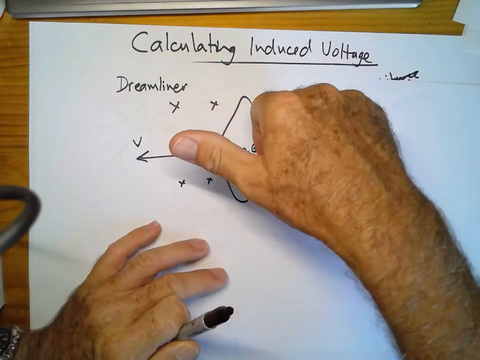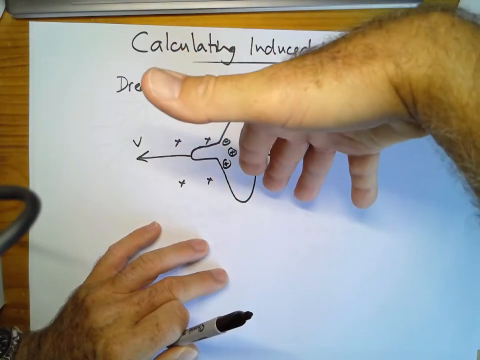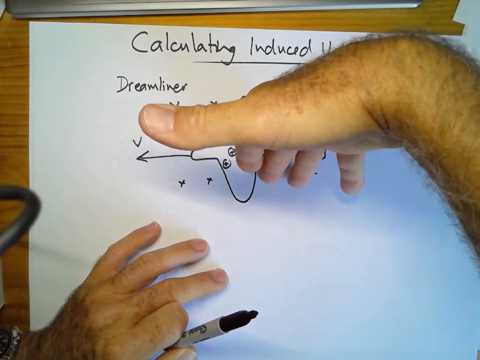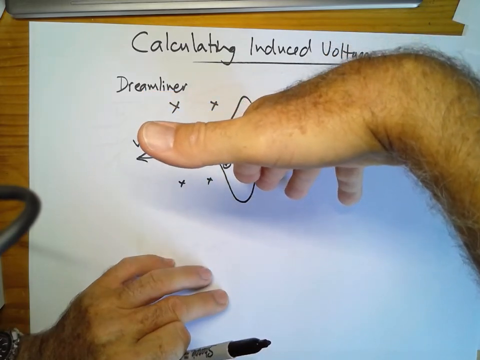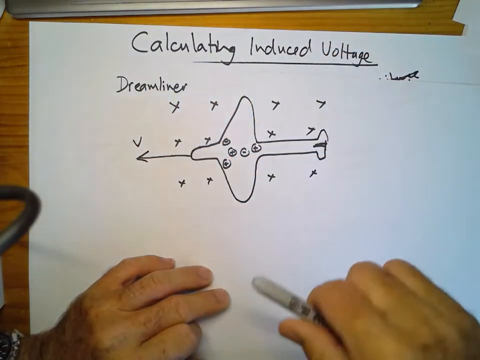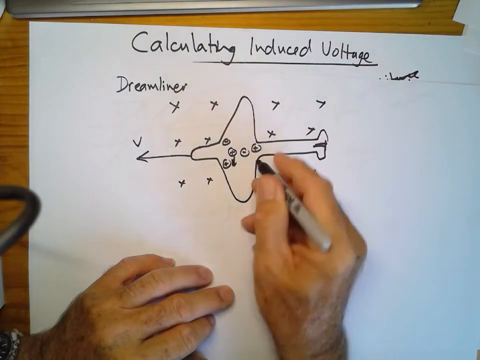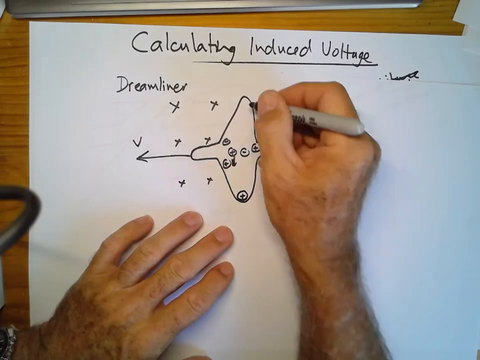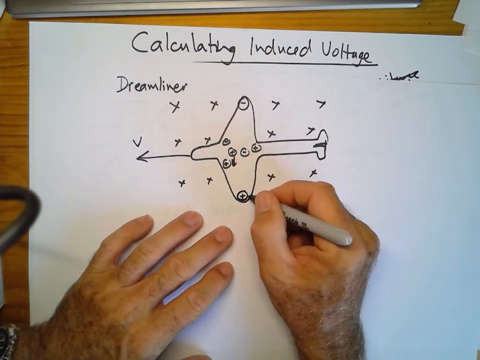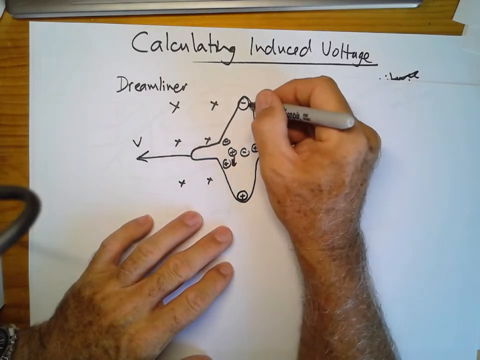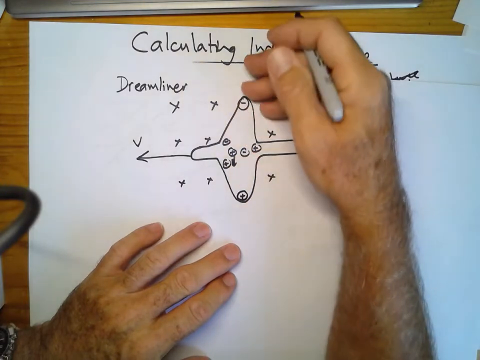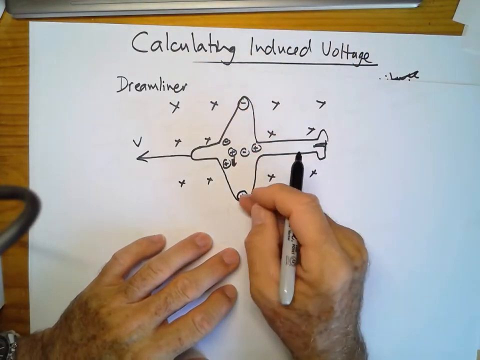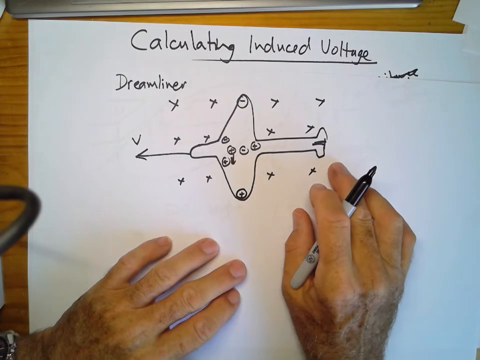The magnetic field is down into the ground, so the positive charges are going to experience a force downwards. So we're going to get an airplane which has positive charge on this side, the port side, and a negative charge on this side, the starboard side.